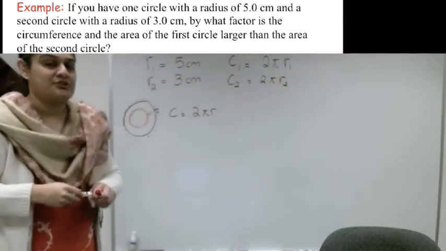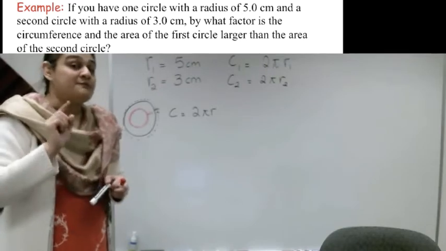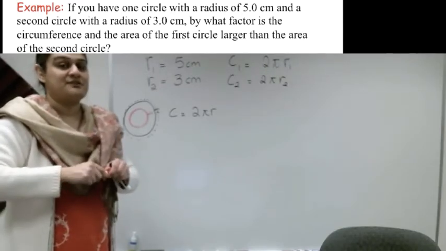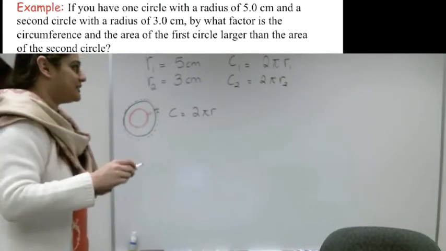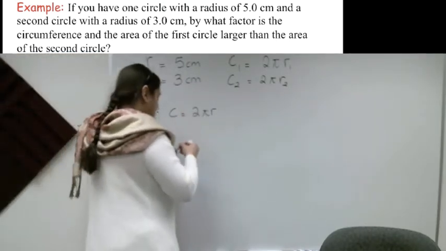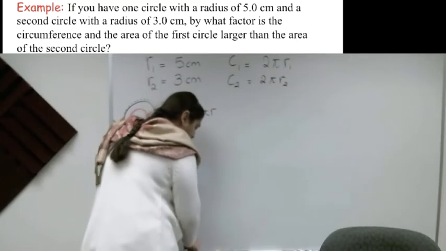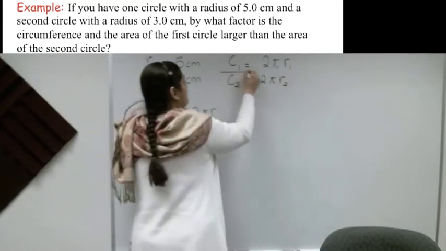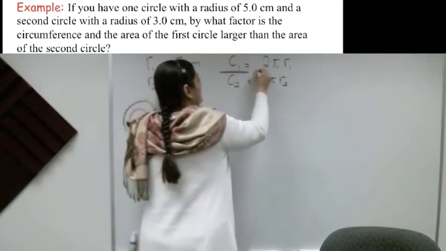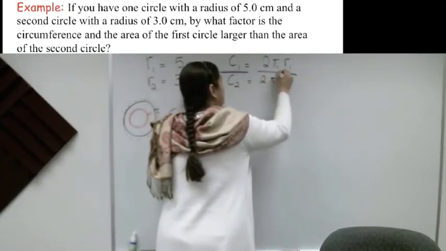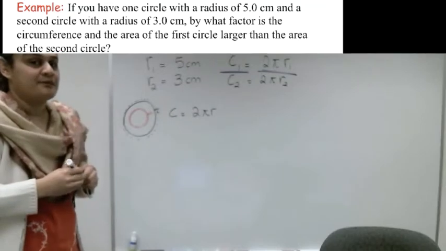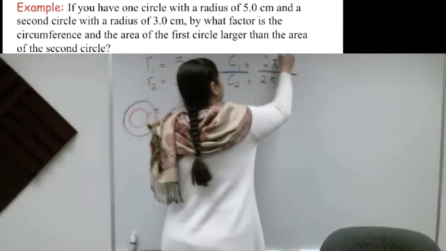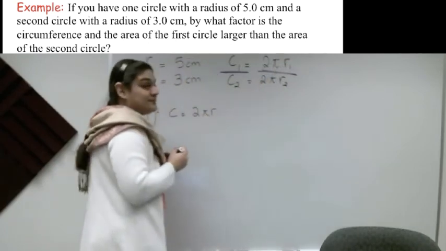Now note, we're going to do a trick. It says by what factor is the circumference of the circle larger than the second circle. Okay? So what I'm going to do is a small trick, and that small trick is going to involve dividing these two terms with one another. Now you see a 2 pi in the numerator and a 2 pi in the denominator? These cancel out.